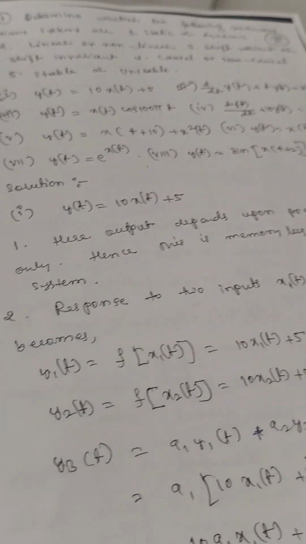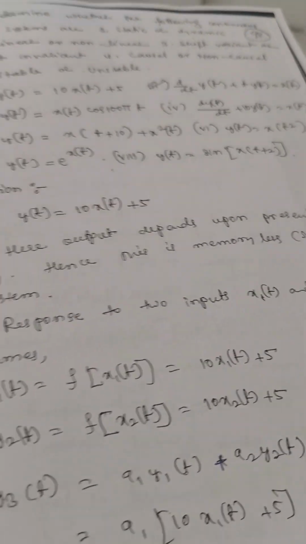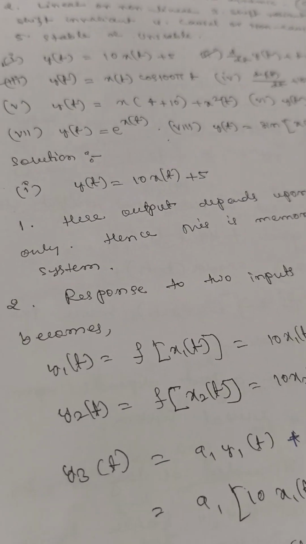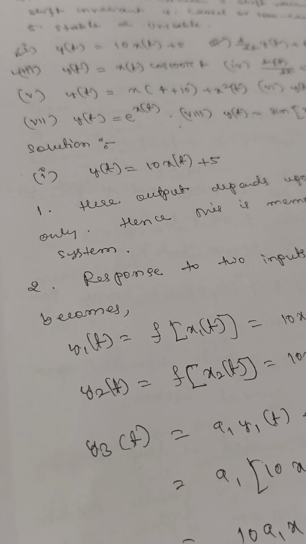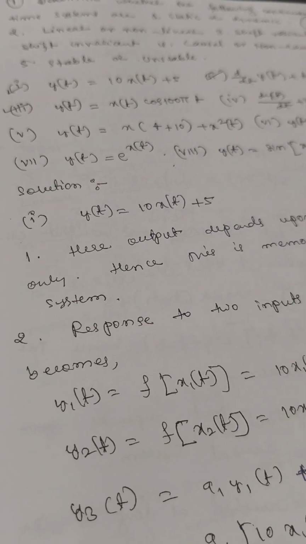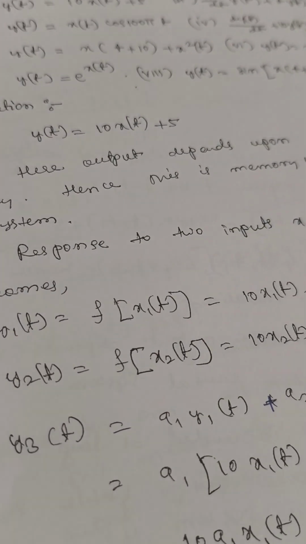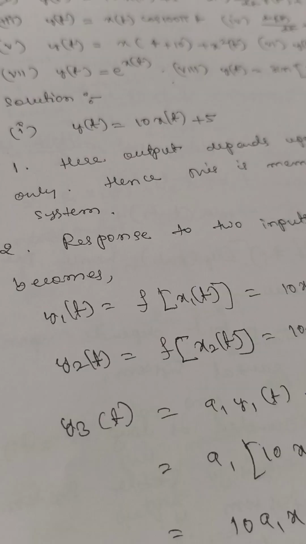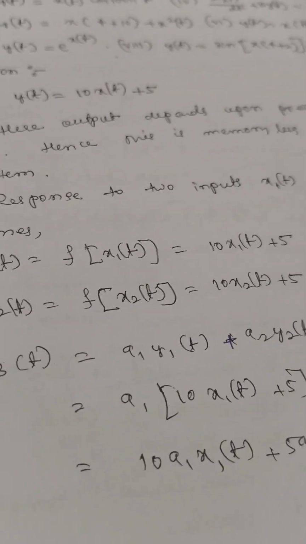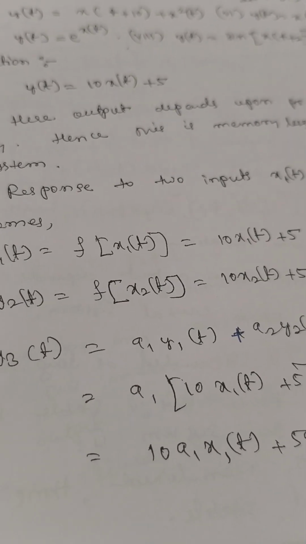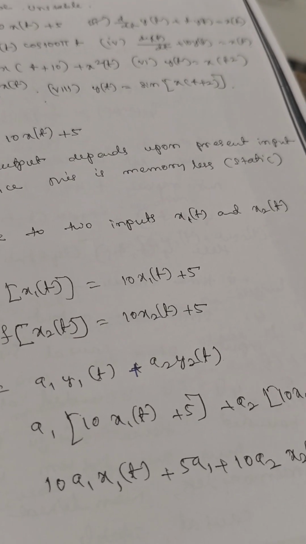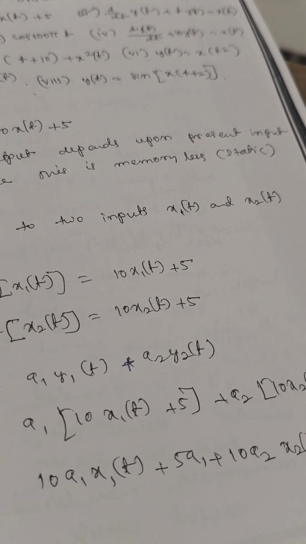That is the first property. For the second property, we will analyze whether the system is linear or non-linear. Take the same system, y of t equal to 10x of t plus 5. We will apply the same equation: consider input x1 of t, the output y1 of t is a function of x1 of t, that is 10x1 of t plus 5.